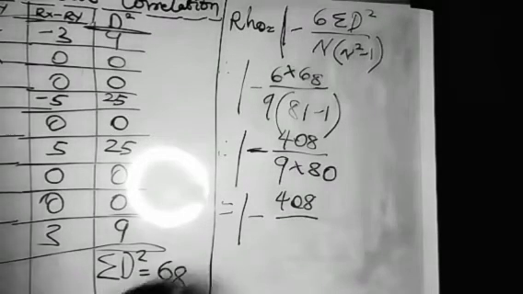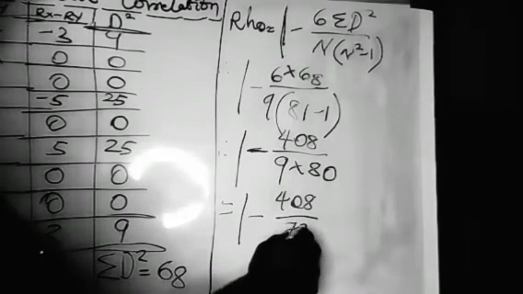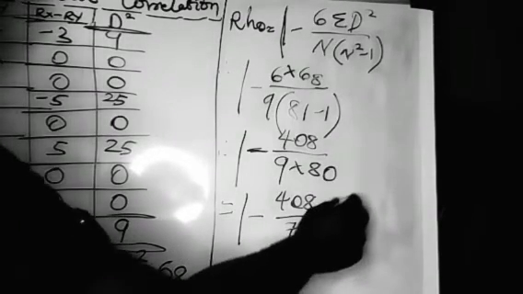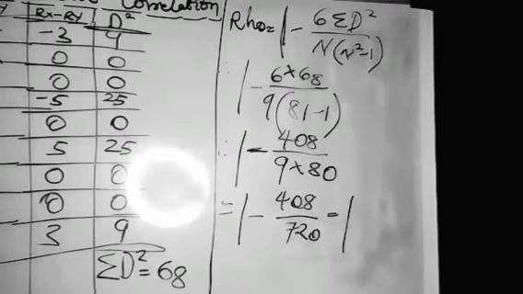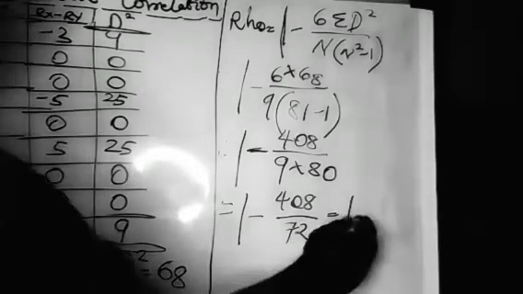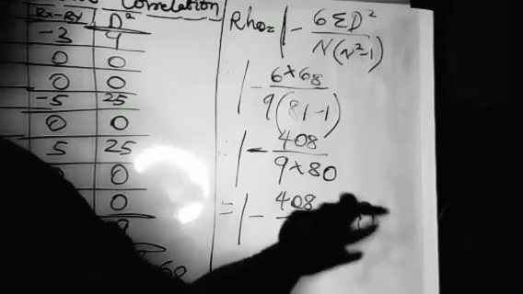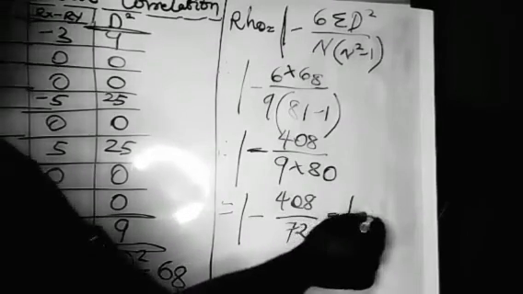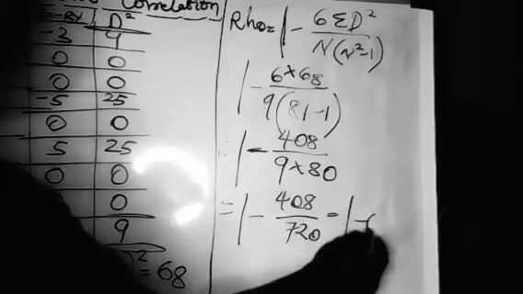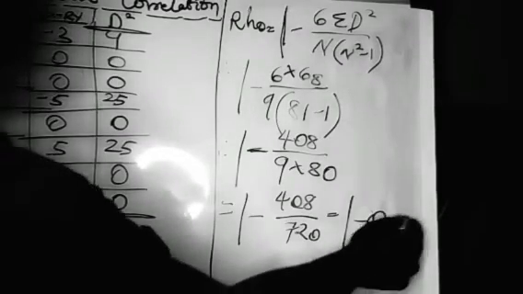What will you have? You have 720 equals this big one. 408 divided by 720, what will it give us? It will give us 0. Our minus sign will still be there. Please follow up. It will give us 0.56.